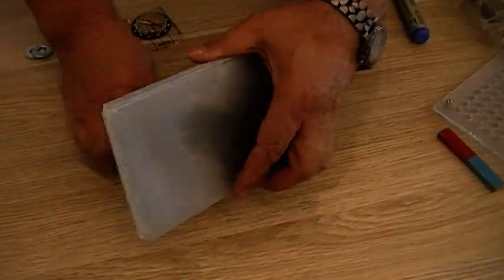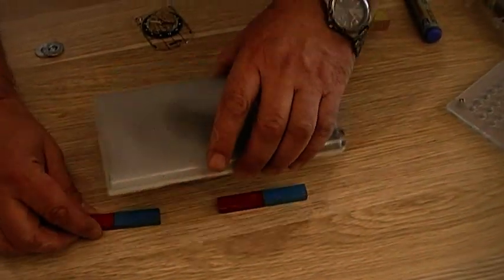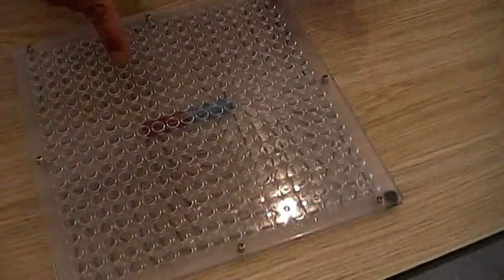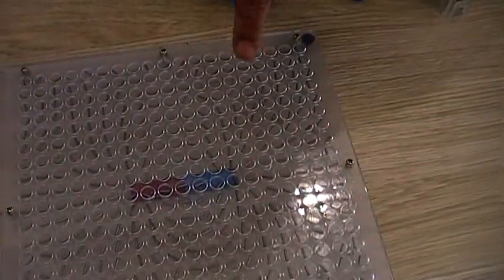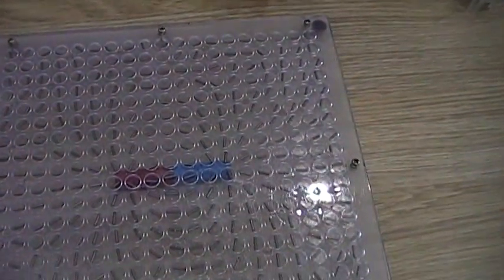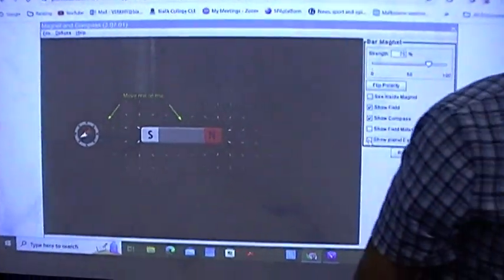I will probably put two on this one. So as you can see, those small pieces of iron align in exactly the same way, showing lines of the magnetic field. Thank you.